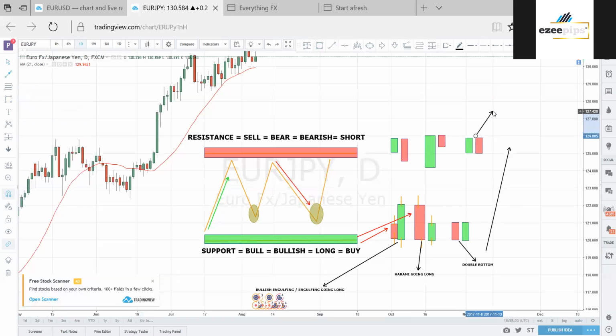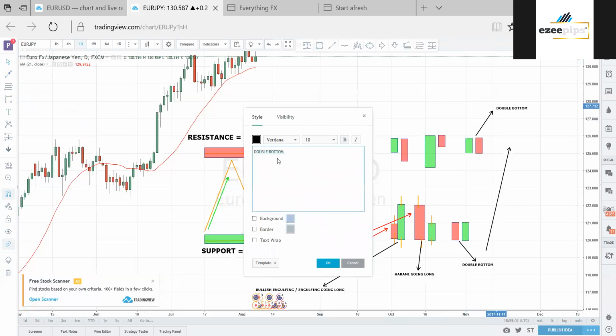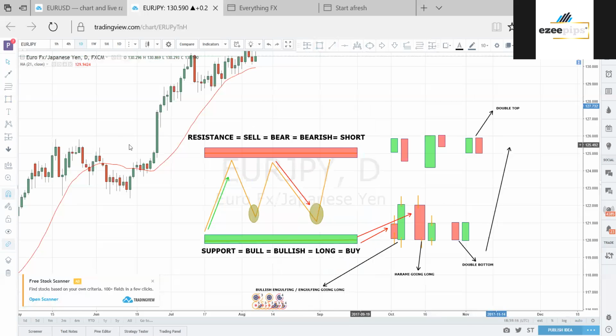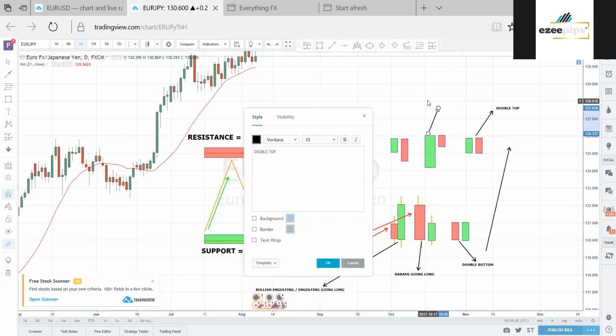So let me name them for you so you can jot them down. This guy here is known as a double top. This other guy here is the opposite of what we just said for this guy. So it's going to be what?